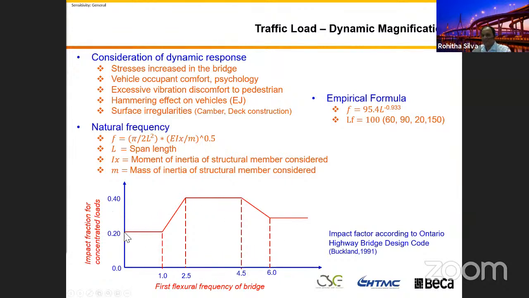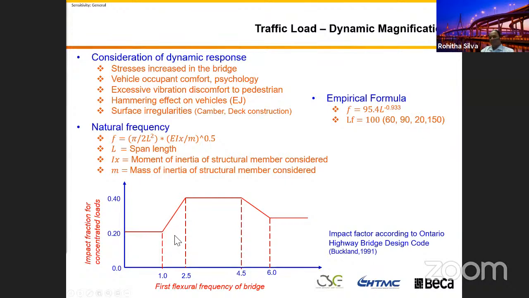This value varies from 0.2 to 0.4. If you look at most of the design standards, that is where we stand. The maximum value we use is 0.4 in general bridge design, but in other places sometimes it's 0.3, 0.33.